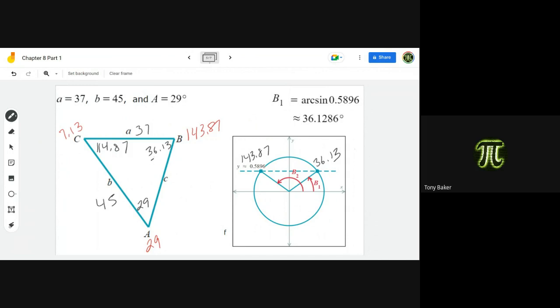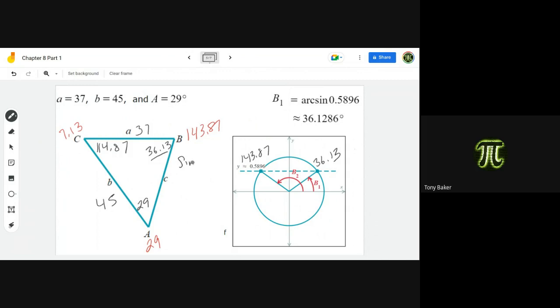So we've got the 36.13 here and the 114.87 over there. So how would I find C now? I have to do the law of sines, that ratio again. We're going to use both the A's because I have those both.